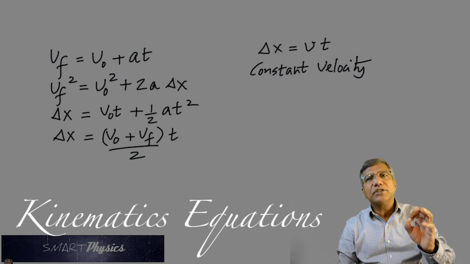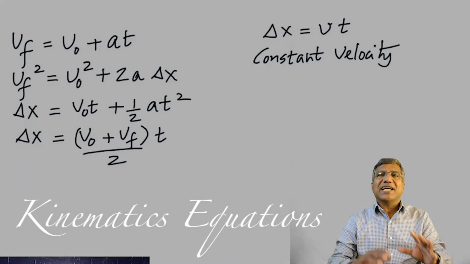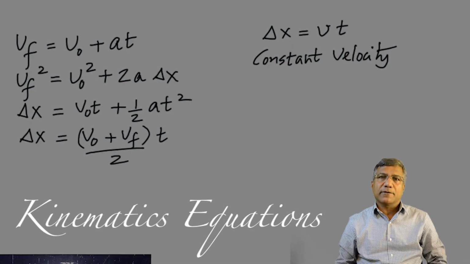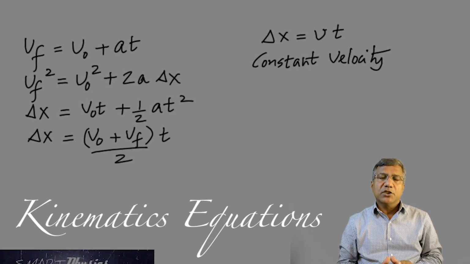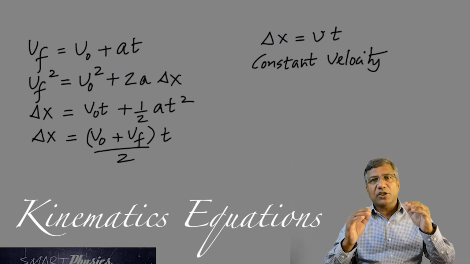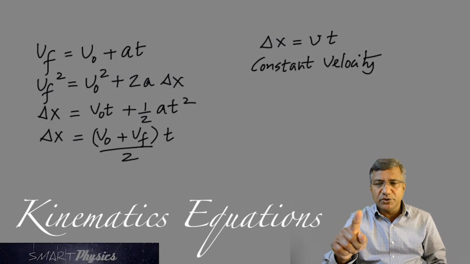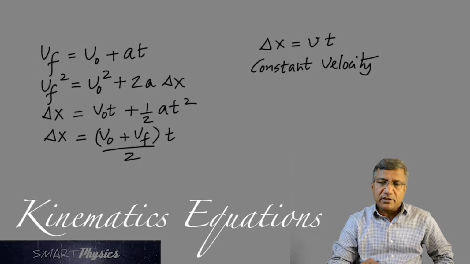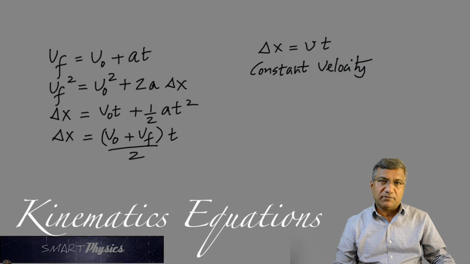You can only use this equation when you're absolutely sure that there is no acceleration. That means it has limited application. You must be sure that the object is moving with a constant velocity in order to use this equation. Delta x is velocity multiplied by time.